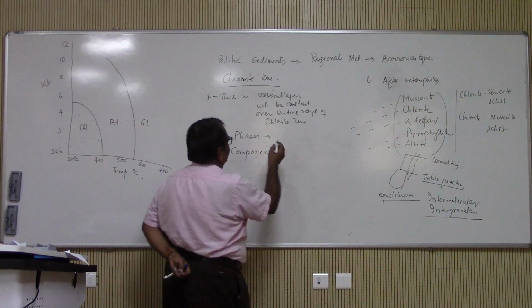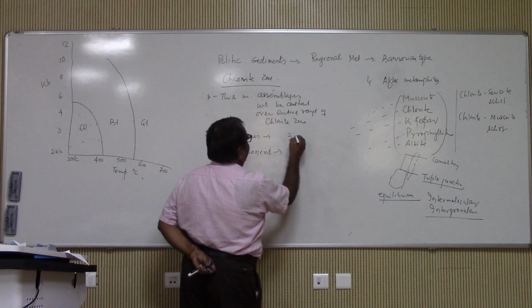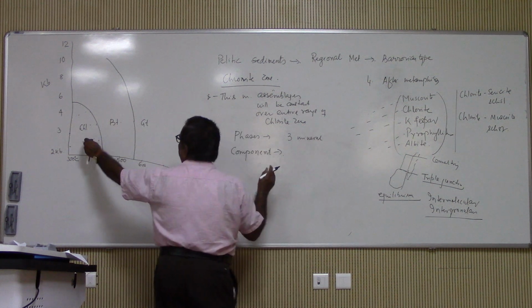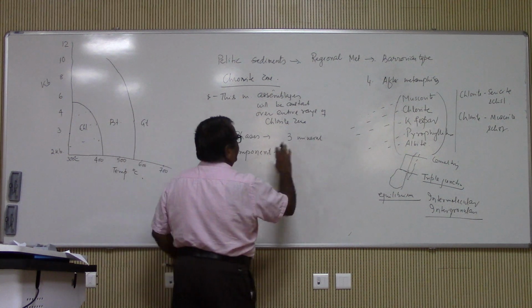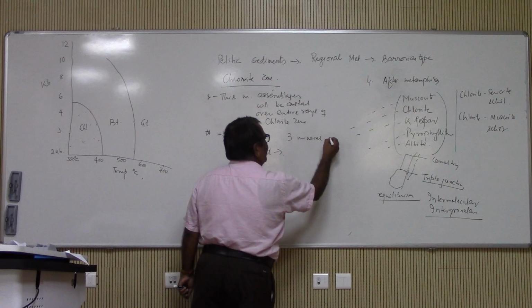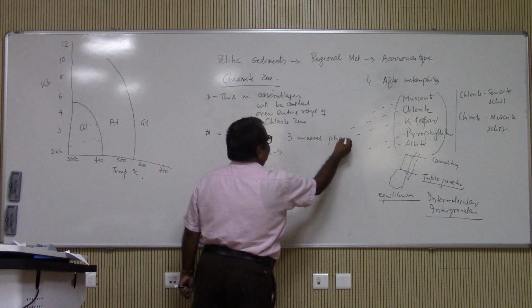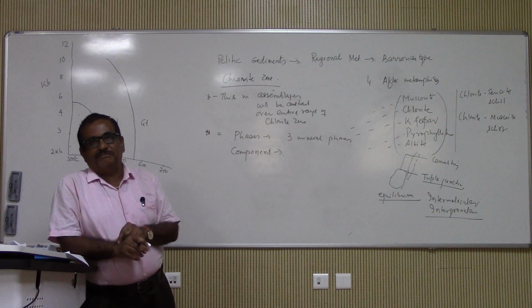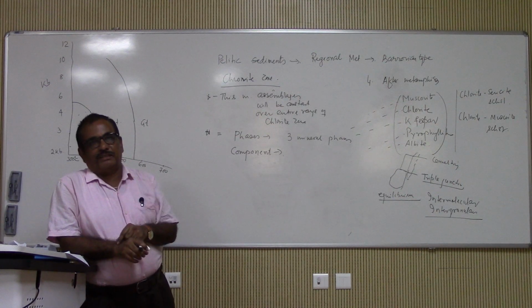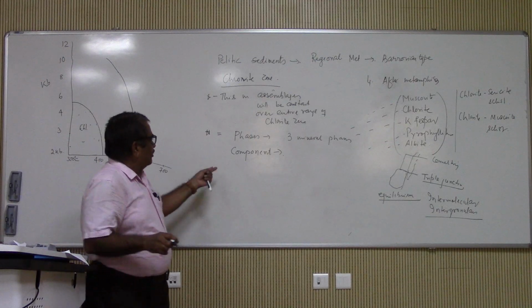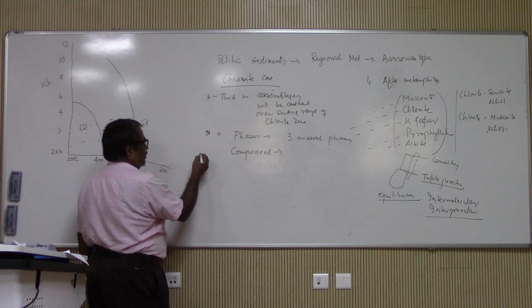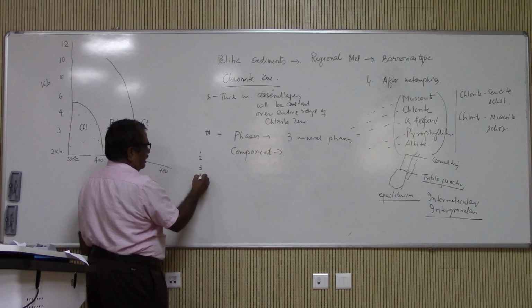Generally, you know, we consider 3 mineral phases. All metamorphic rocks, whether it is chlorite zone, biotite zone, garnet zone, you always take 3 mineral phases. There may be 5, but you consider only 3. There is some specific purpose for that. And how many components? Components means chemical components. We have already discussed, there are some 10 components if you analyze chemically.